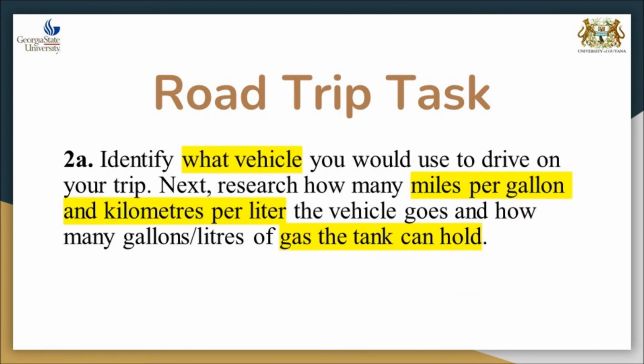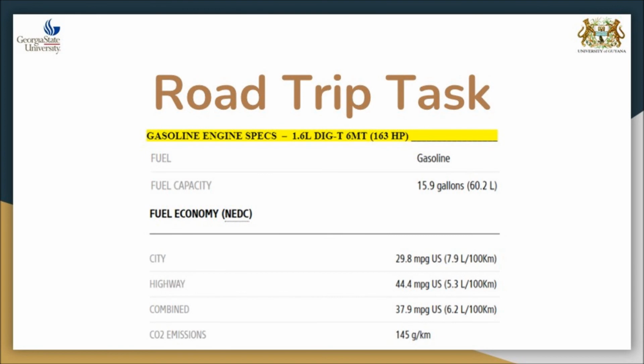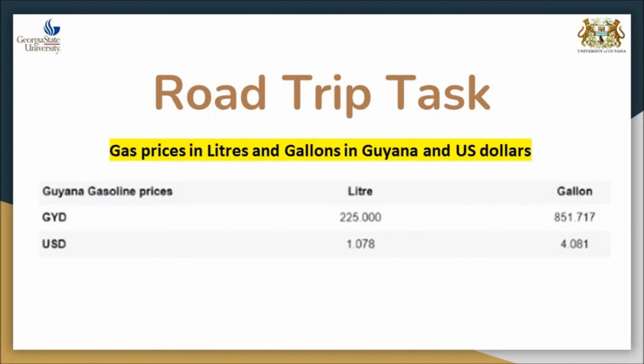The next question we had to go to was to identify the miles per gallon and kilometers per liter that each tank will hold. We had to pick a vehicle. This was the vehicle I chose. These are the specifications that go along with that vehicle. The miles per gallon per city. This was the cost of the gas in liters in US dollars and Guyanese dollars.